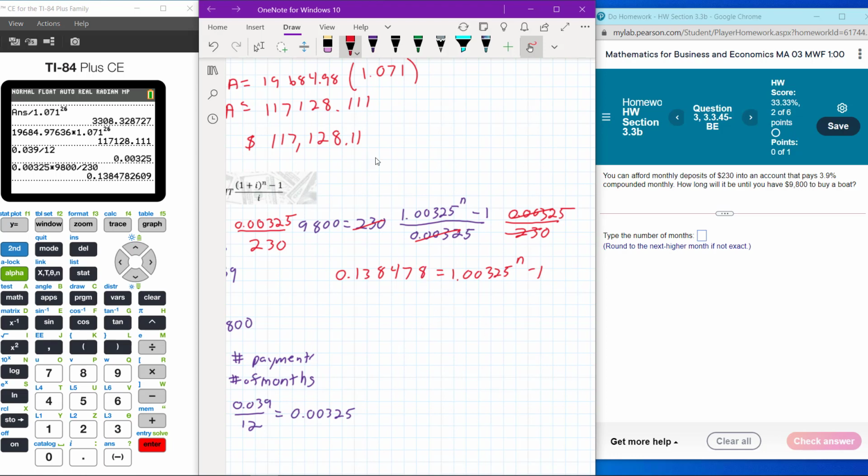Now, I can add 1 to both sides, and then I'm going to have 1.138478, and that's going to be equal to 1.00325 to the nth power. Okay, now I can take the common log of both sides.